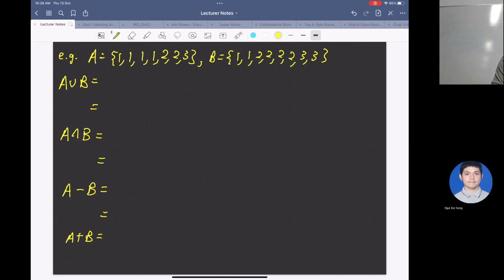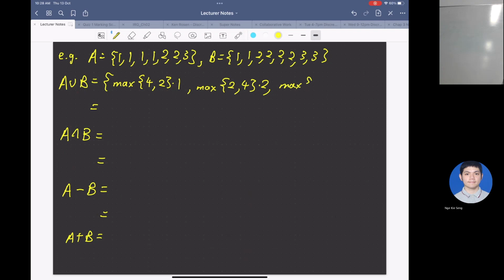So if I want to take the union, I need to take the maximum of the multiplicity of the element appearing in each set. So for example, the first one, it appears 4 times. The second one, it appears twice. Okay. How about 2? The first one, it appears how many times? 2. The second one appears 4. Okay.